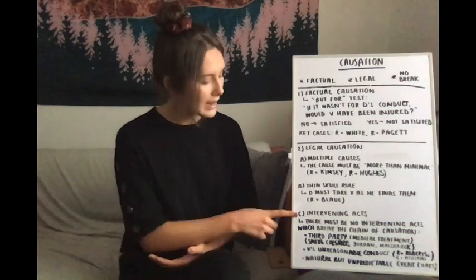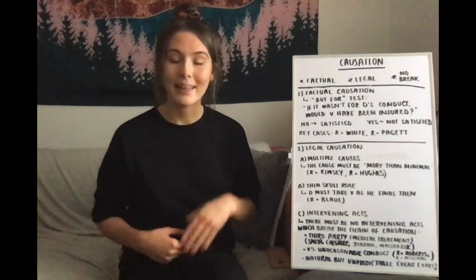Finally, we need to look at intervening acts, also known as novus actus interveniens in Latin. So as well as factual and legal causation, there also has to be no break within the chain of causation. The chain of causation is the idea that there has to be a direct link between the defendant's conduct and the consequence, so either the death or injury of the victim.